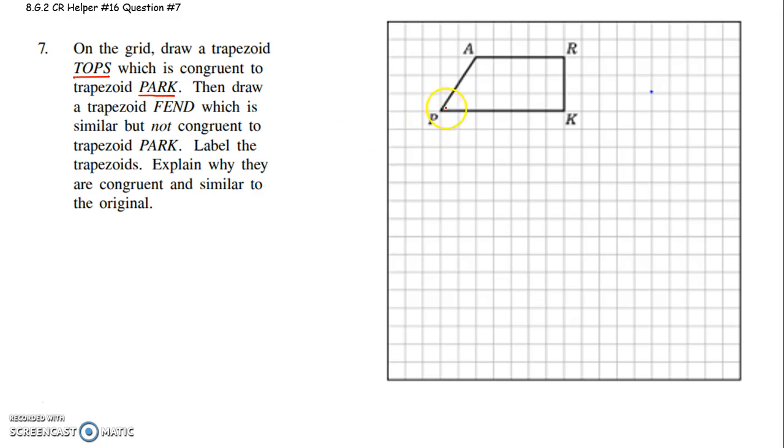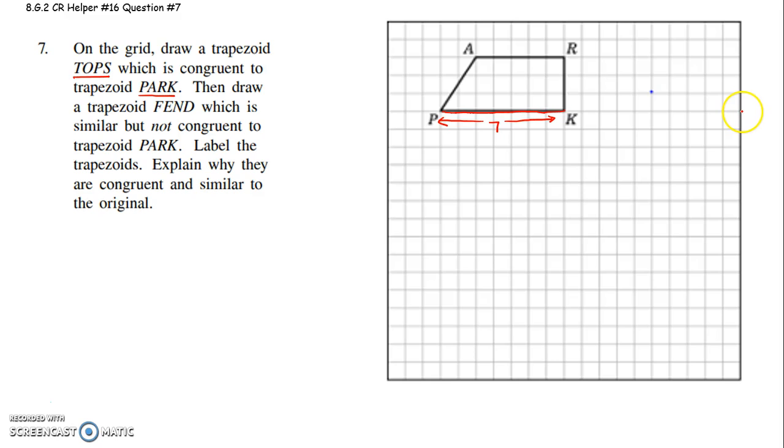K. All right, so if I want a trapezoid that's completely congruent to the given trapezoid, if PK is 1, 2, 3, 4, 5, 6, 7 units long, seven units between P and K, then between T and S, because T corresponds to P, S corresponds to K. So between T and S, I need to have 7 units.